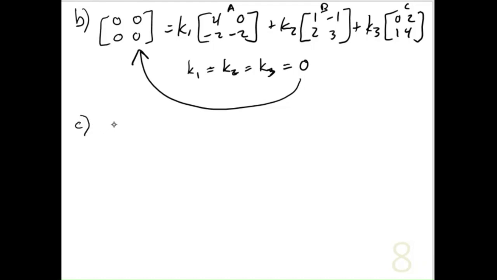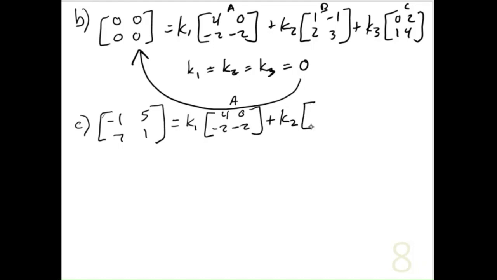Then we've got part C, and that looks like it is negative 1, 5, 7, 1. So we'd go ahead and set that equal to k1 times our A, plus k2 times our matrix B, plus k3 times our matrix C. Then you'd want to write this as a system of linear equations.